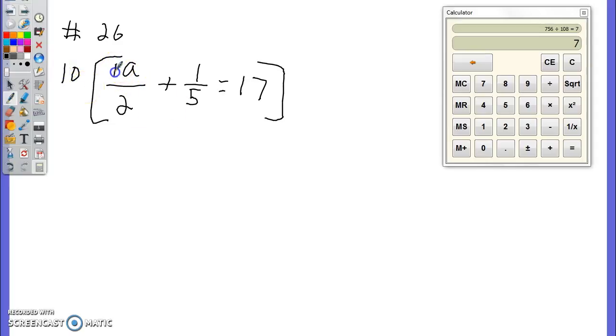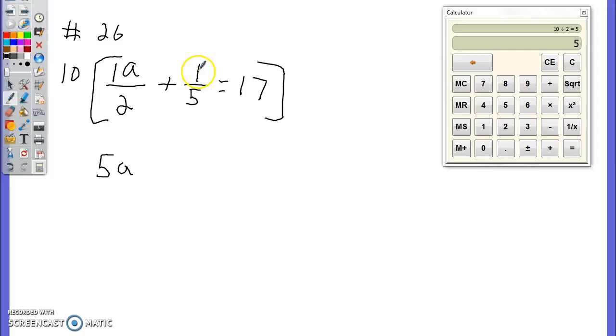Remember, there's a 1 here with that a, so the thought process is 10 times 1 divided by 2. So 10 times 1 divided by 2 we know is 5, but again, you could type it into your calculator. 10 divided by 2 gives me my 5. So this would be 5a. 10 times 1/5.